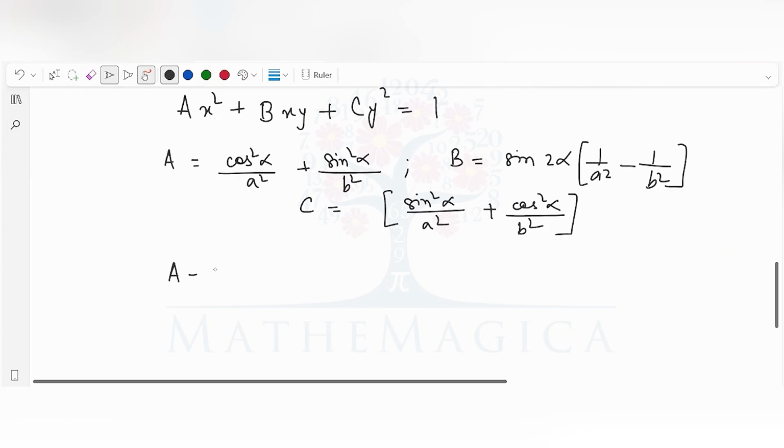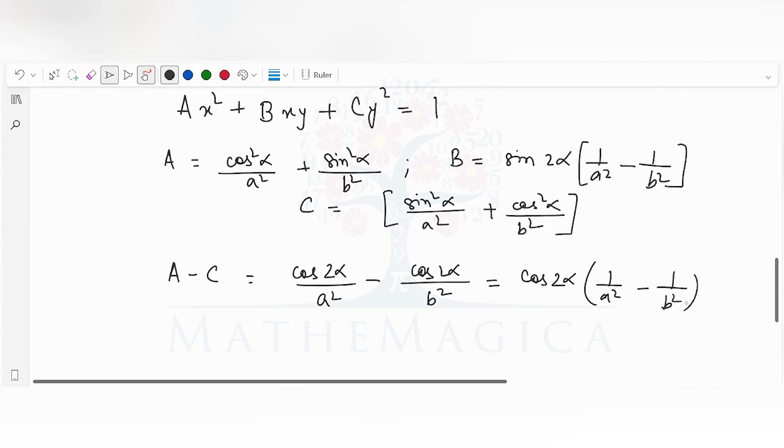So, what happens when we subtract c from a? If we take 1 by a squared and 1 by b squared common, then cos squared alpha minus sin squared alpha is cos 2 alpha. So we can take cos 2 alpha common and write (1 by a squared minus 1 by b squared).